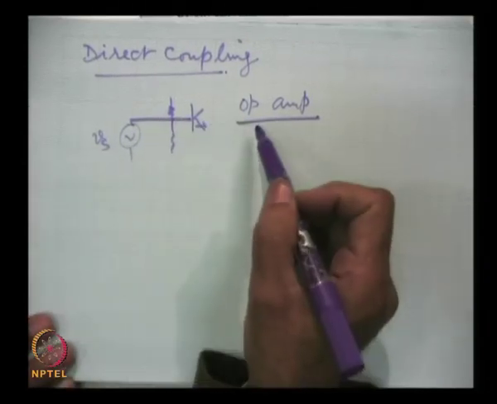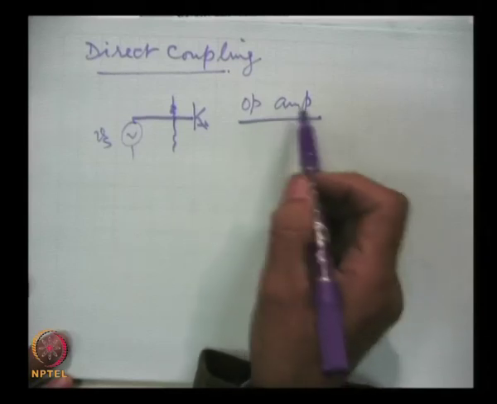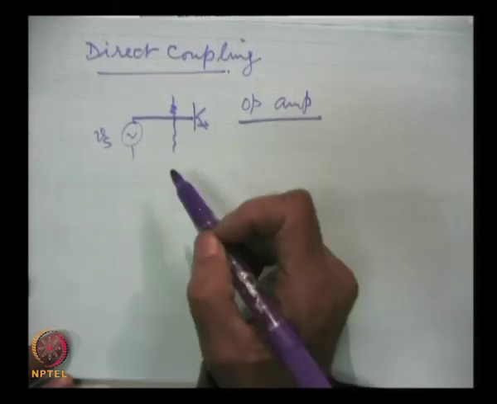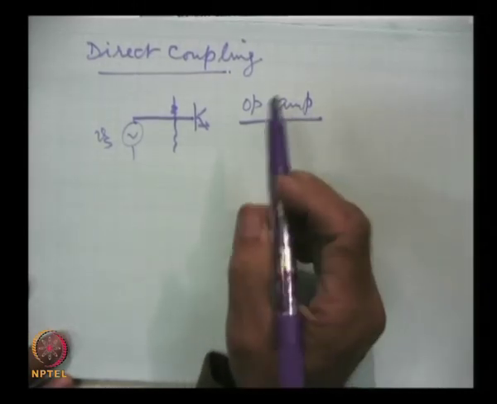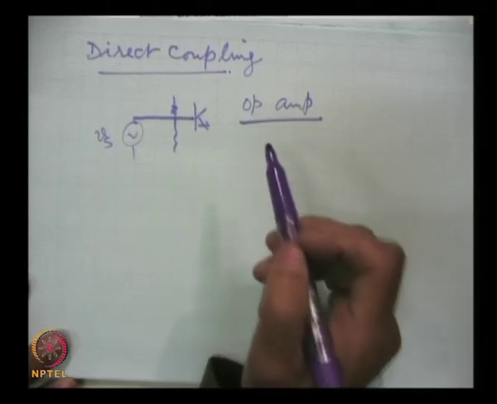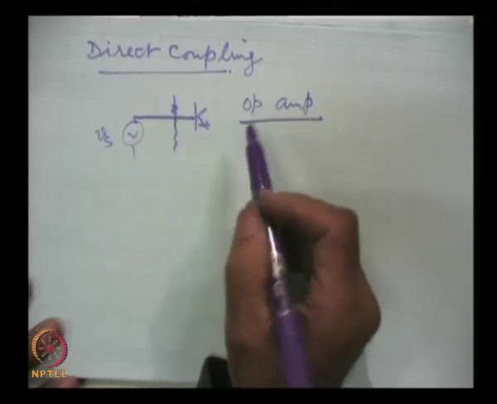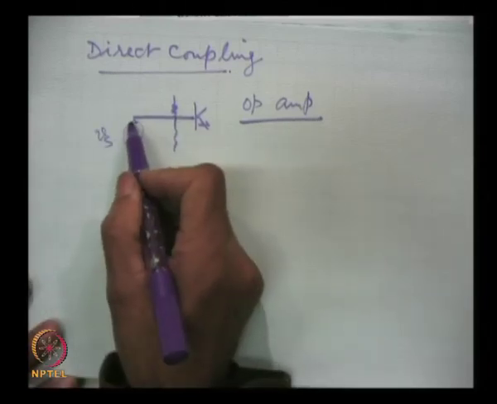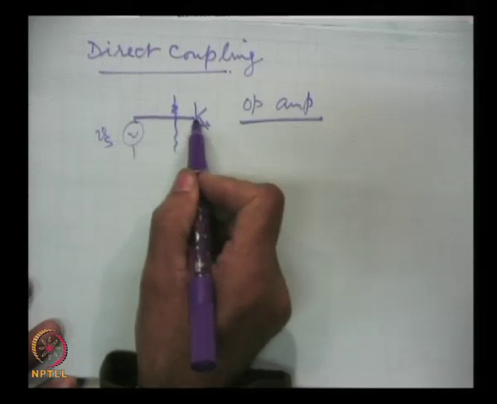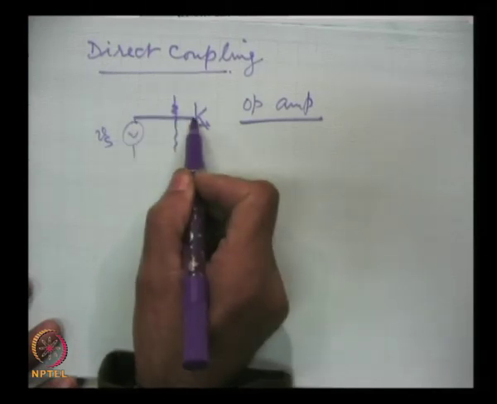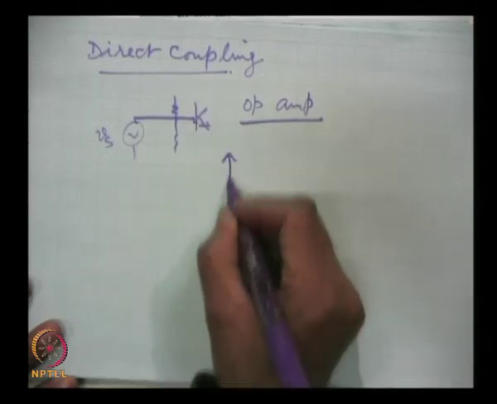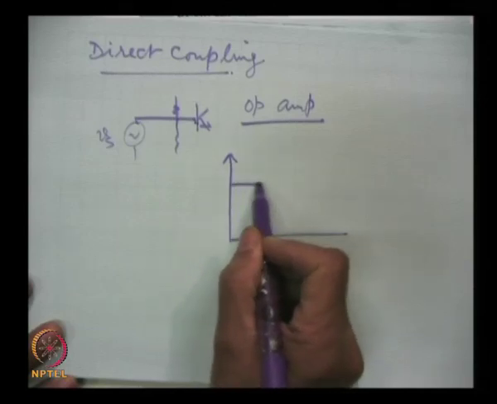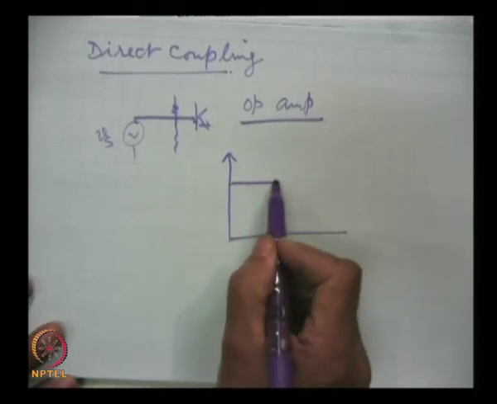I said, if you remember, that an op amp is a multi-stage amplifier, and there are several stages which are directly coupled. So there will not be any restriction on the lower cutoff when stages are connected directly; even a DC signal will be able to propagate. So the response for direct coupling will have no lower cutoff, only an upper cutoff.